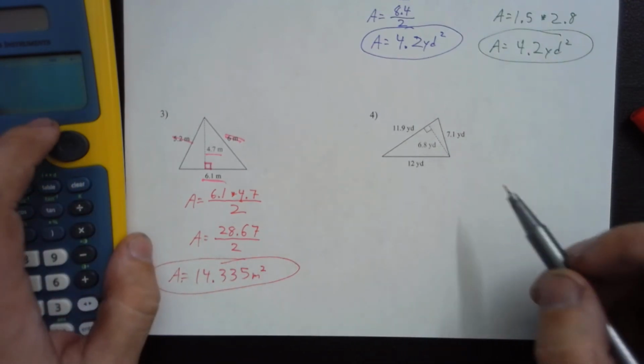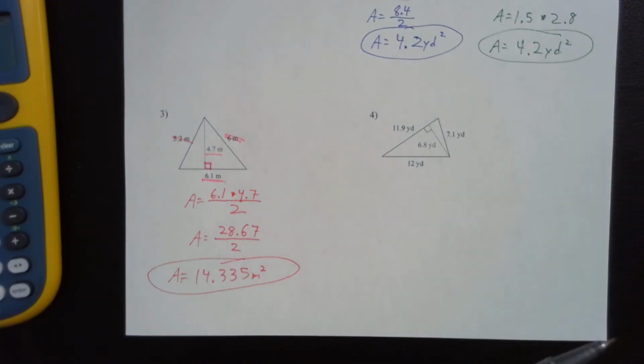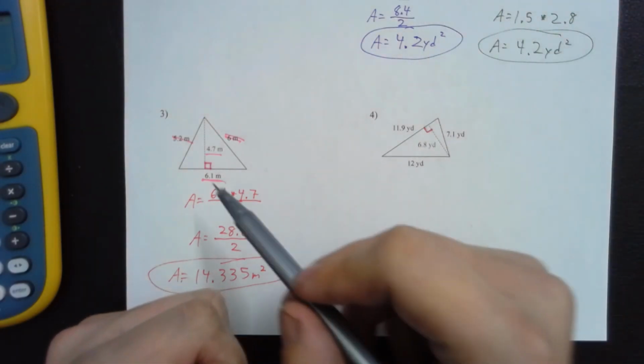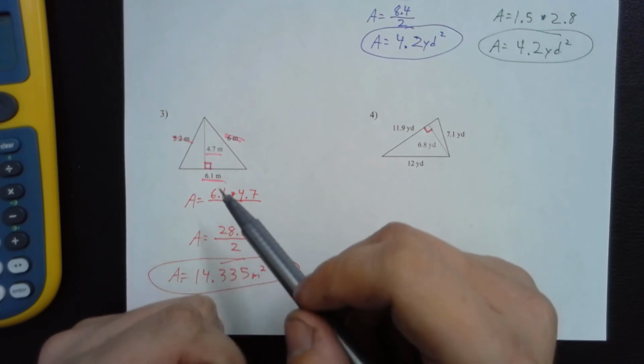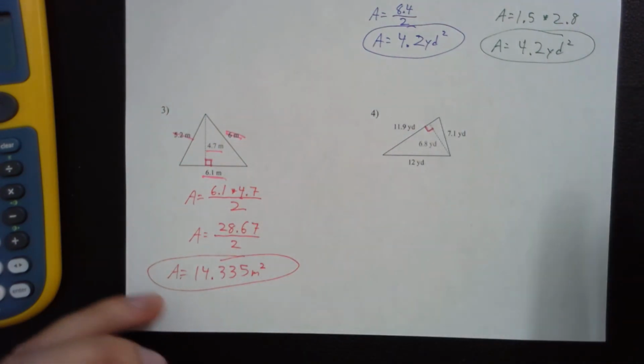Number 4, the last one I'll practice because this one is weird. See, we do have a 90-degree angle that we can work with, but it's way up here. So for all the other problems, the box has been down at the bottom. But for this one, my 90-degree box is there.